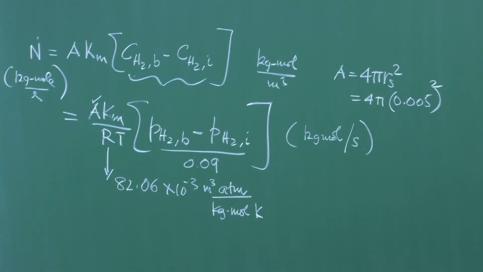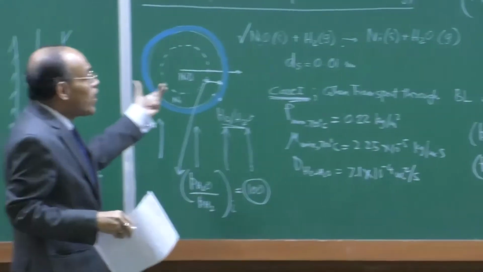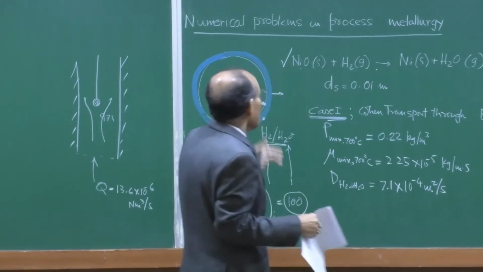Now, this is for boundary layer mass transfer problems. So, for flow past a solid sphere, we have standard correlations that you also must be knowing, because it is a spherical geometry.